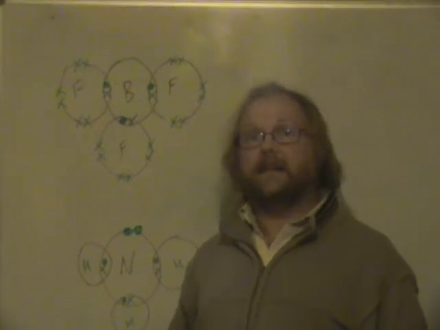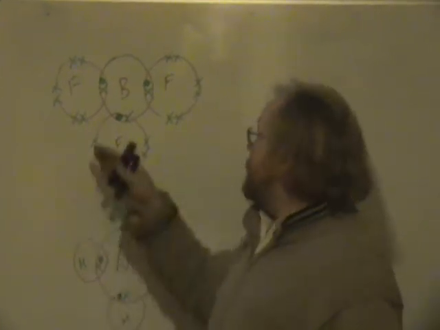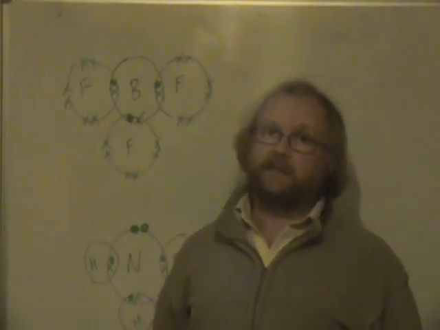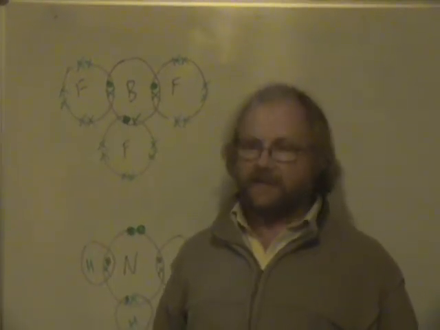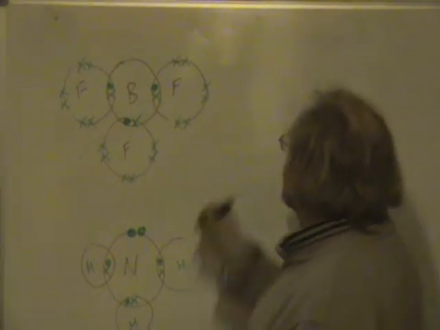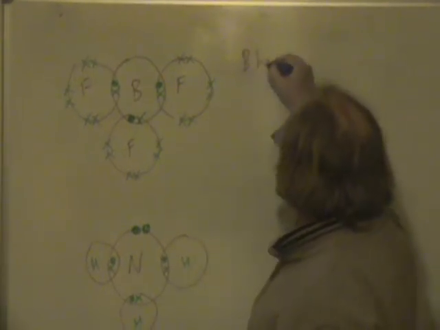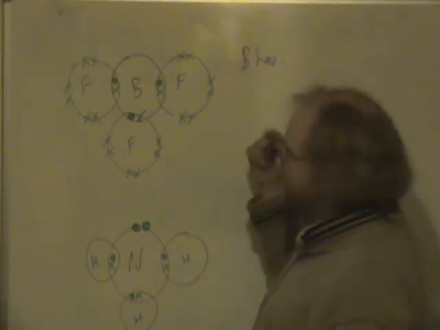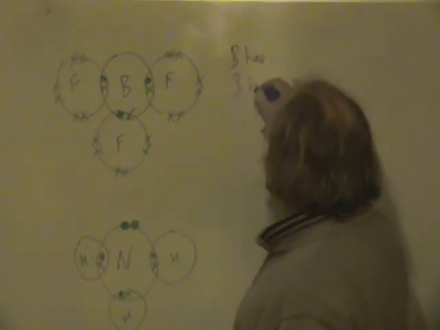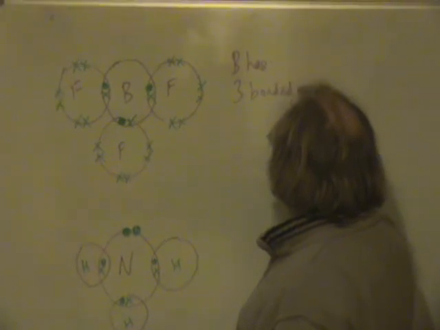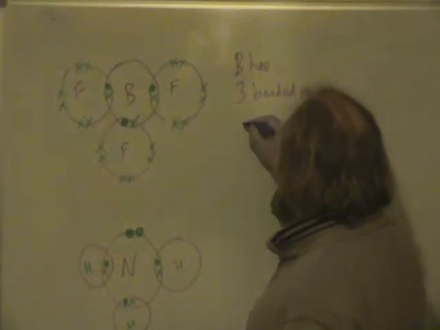And then, having stated that, you can simply state what there is in the outer shell of the middle atom in each case, and it's the difference in that list which accounts for the difference in bond angle. So what you can say is that boron has, in its outer shell, as we've already said, 3 bonded pairs and no lone pairs.